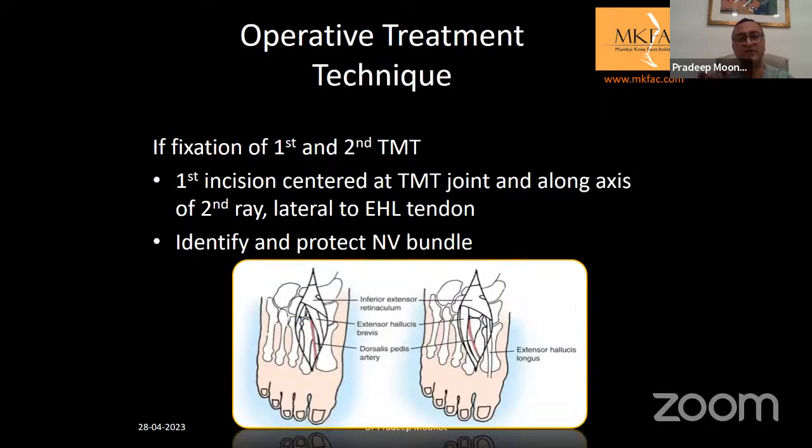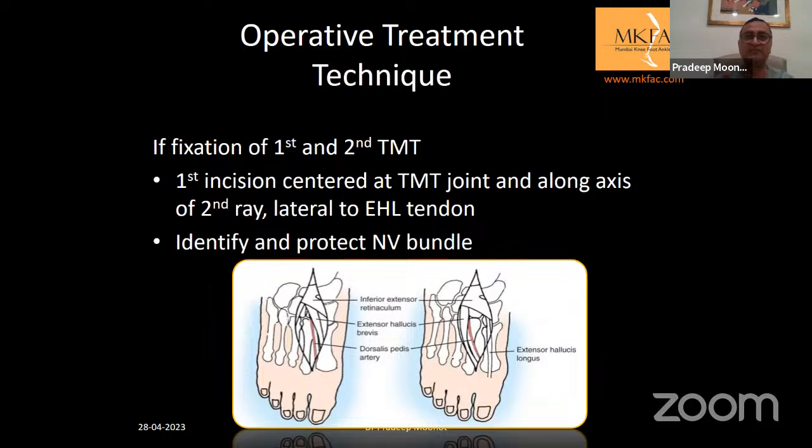Now, if you're planning only first and second, then you can do your incision in the first web space. Okay, identify and protect the neurovascular bundle. Recently in the IFAS WhatsApp group, somebody asked, how do you identify the neurovascular bundle? Usually in Lisfranc injuries, in the acute cases, there is so much edema and so much dissection already done that as soon as you put your skin knife and you wash out the hematoma, the whole soft tissue bundle is already taken away and you are straight away into the joint.